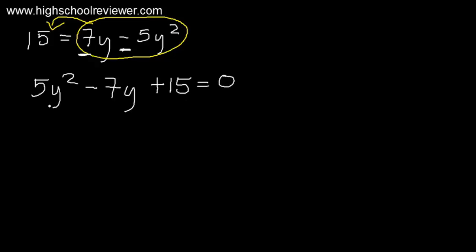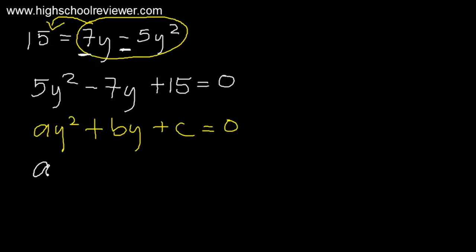So this is already a quadratic equation, and it is of the form ay squared plus by plus c equals 0. We can now get the values of a, b, and c.